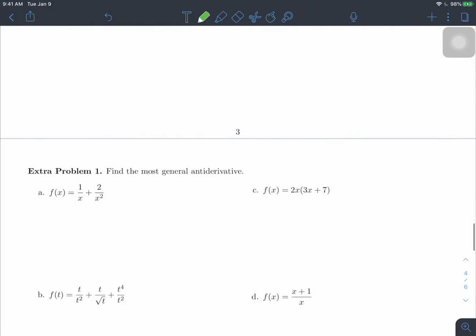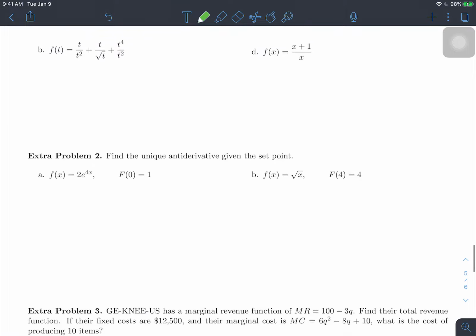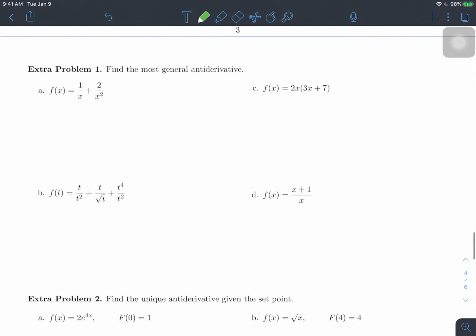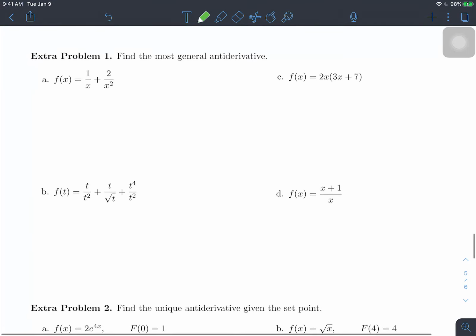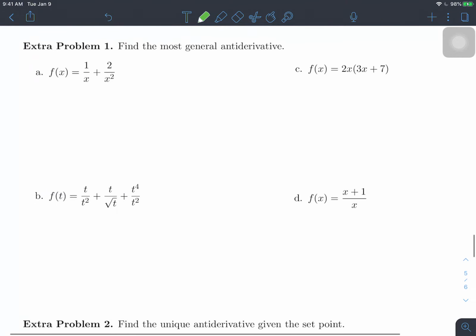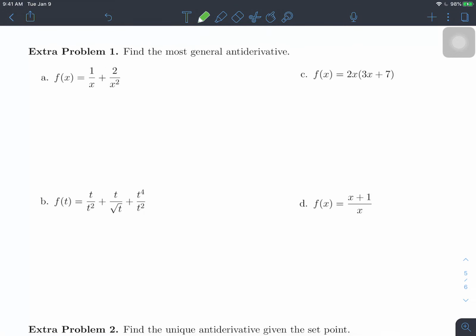Let's see here. Why don't we try some of these problems here? Finding some antiderivatives. Okay, so I want to know what this is. That's really what this question is asking.